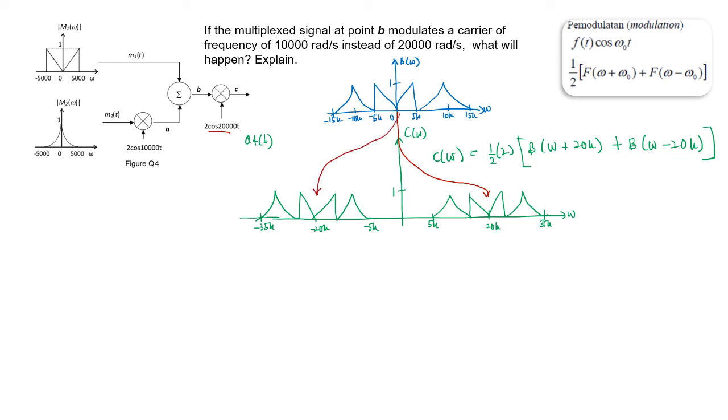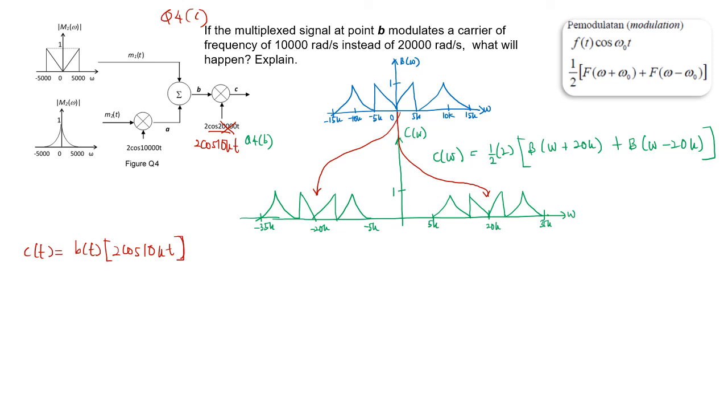So now what happened in this question for C? If this frequency is now 10k only, 2 cos 10kt. So what will happen? c(t) equals b(t) multiplied with 2 cos 10kt.